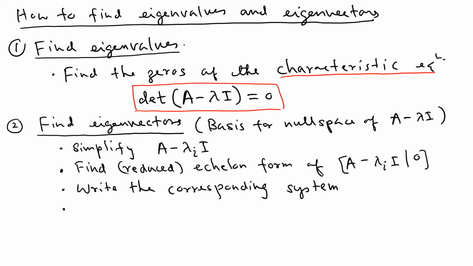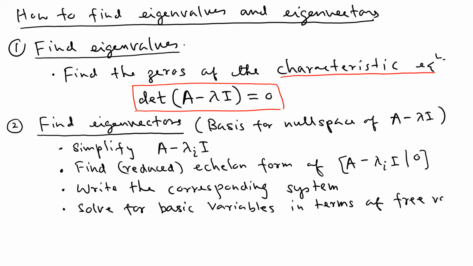And then the fourth step: solve for the basic variables in terms of the free variables. It's very important. We solve for basic variables in terms of free variables.